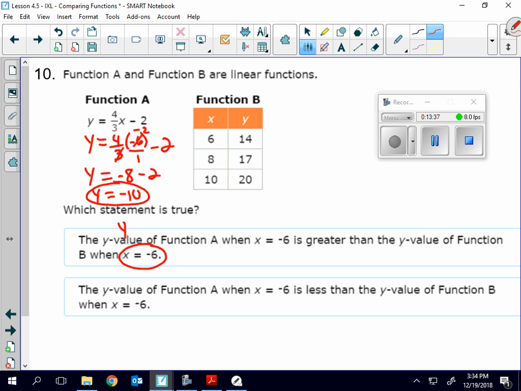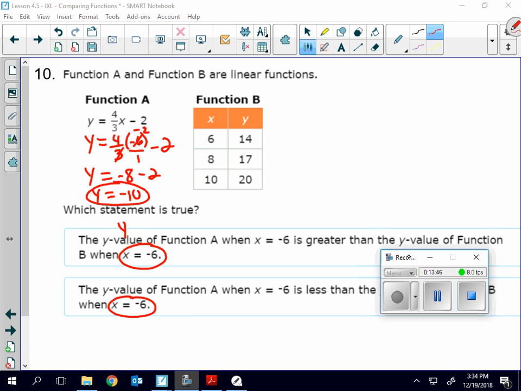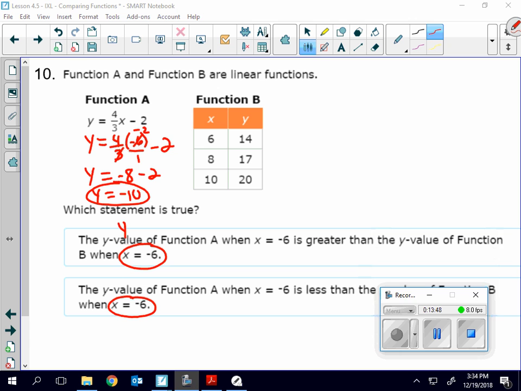And we want the y when x is negative 6 over here. Guess what we need? We need the equation again. So we need the slope first. Up 3, up 2, slope is 3 over 2.